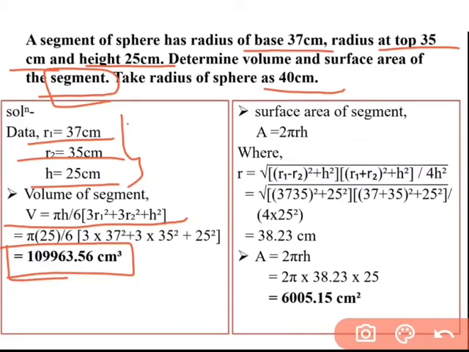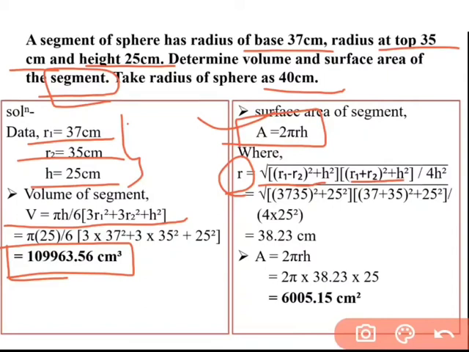Second, find out the surface area of the segment. So the equation of surface area of a segment A is equal to 2 pi small r into small h. So first of all, find out this small r radius. So the equation of small r is equal to square root of (r1 minus r2) whole square plus h square, in bracket (r1 plus r2) whole square plus h square, divided by 4h square.